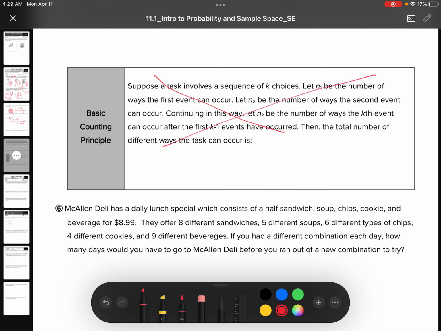This is asking if there are a sequence of k choices, where k represents, let's go back to the first example.